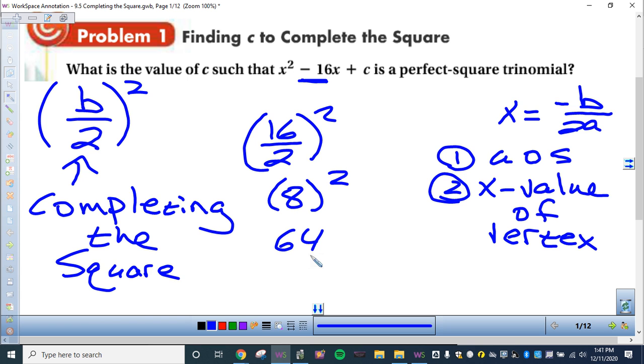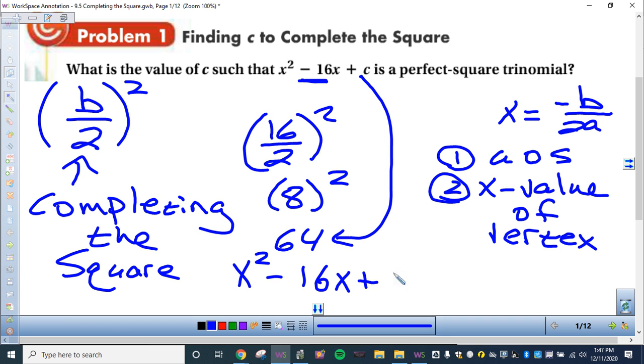So our c term is 64. So when you write your whole quadratic now, it's going to be x squared minus 16x plus 64, like that.